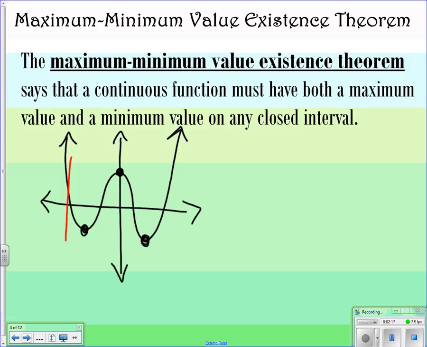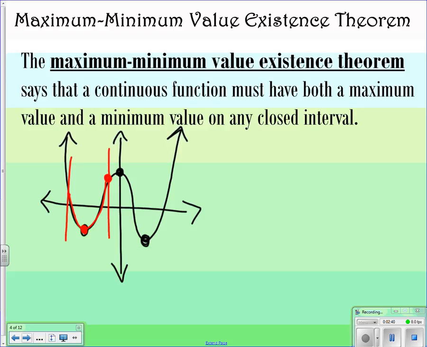Take from this value to that value, for instance. Well, the minimum is right here, which happens to be our relative minimum. The maximum value, though, it starts here, and then it gets all the way up to this point. And so that would be the maximum value for that closed interval.